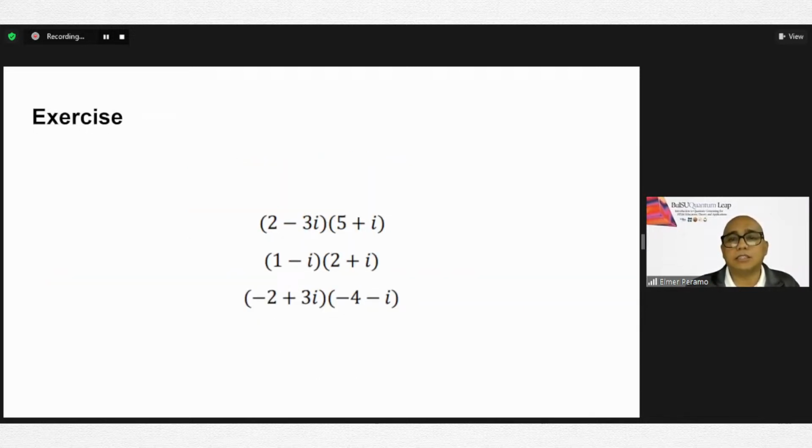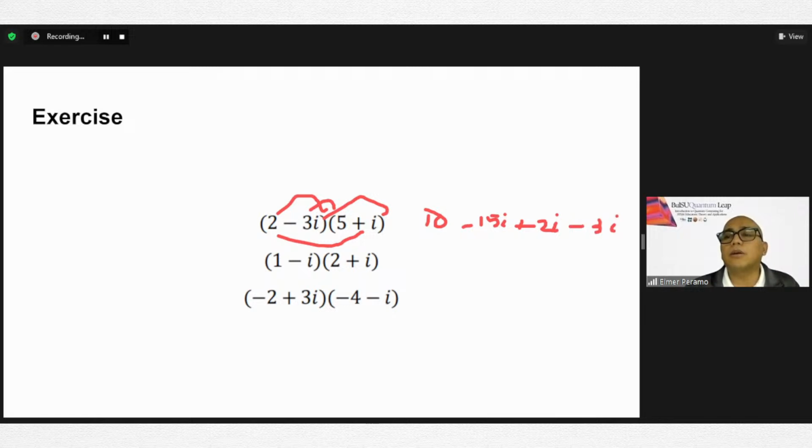Okay, exercise. So I hope you can do this using the FOIL method. You do this first. So you have 10. And then for me, I do this first and then this one. And then the extremes. So 10 minus 15i, and then plus 2i, and then minus 3i squared.